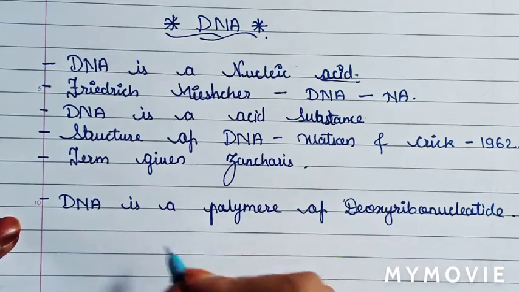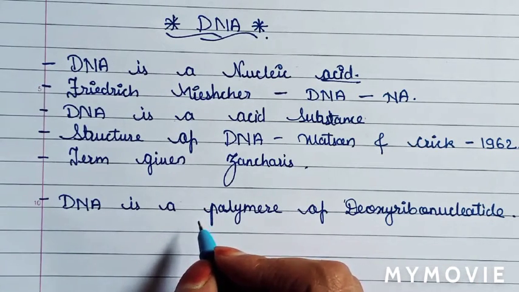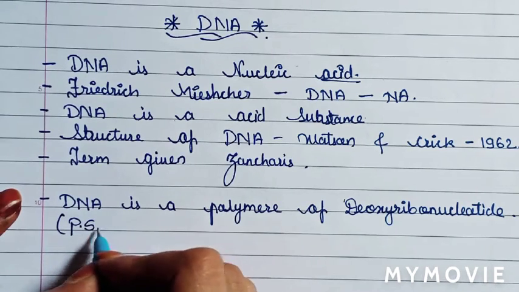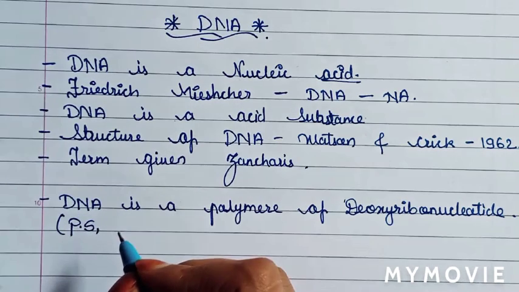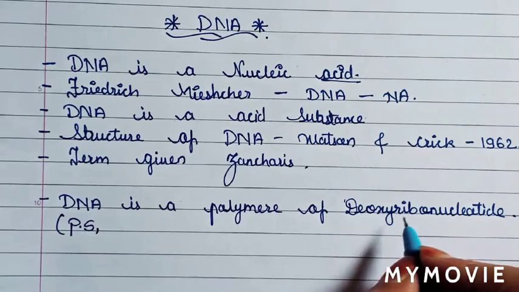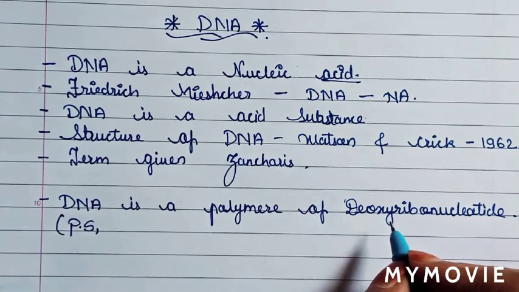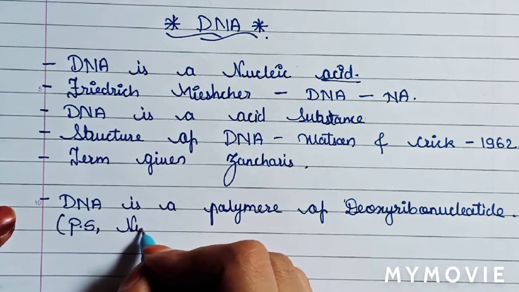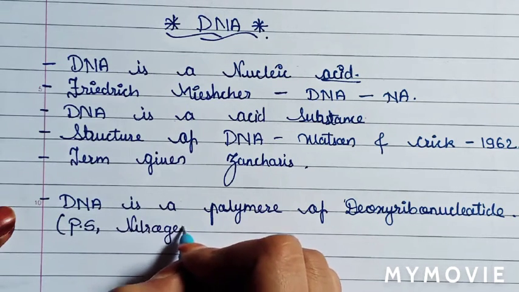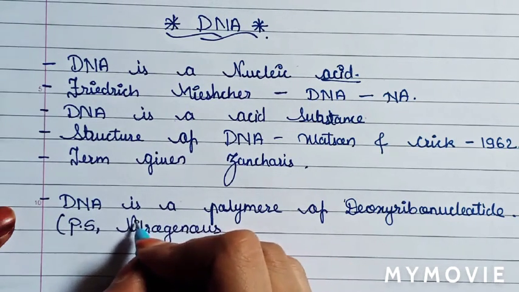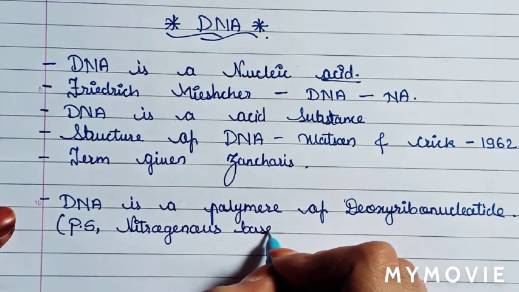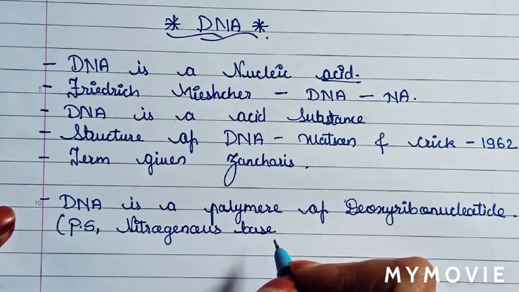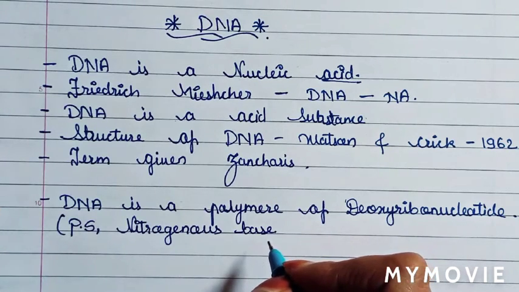So, the DNA is made up of three main components. Which are they? Pentose sugar, which is of two types, as we said, deoxyribose sugar and ribose sugar. Nitrogenous bases. In case of DNA, there are A, T, C, G, meaning adenine, cytosine, thymine and guanine.